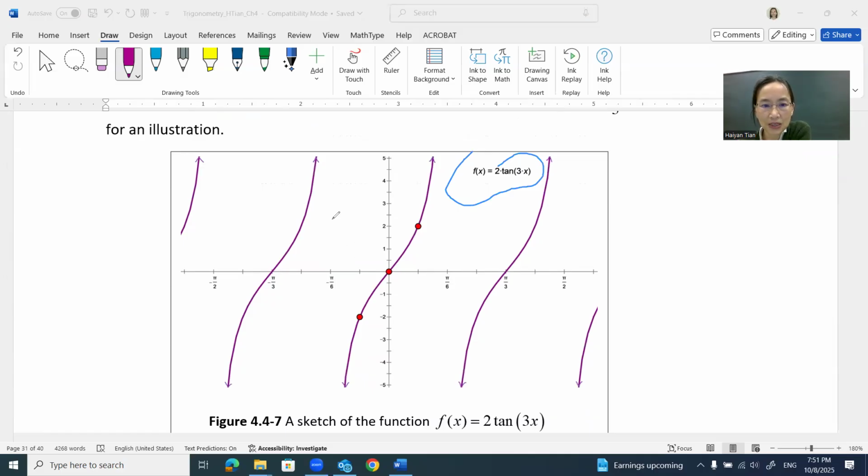Also, you notice the asymptote right here, and the 3 key points.